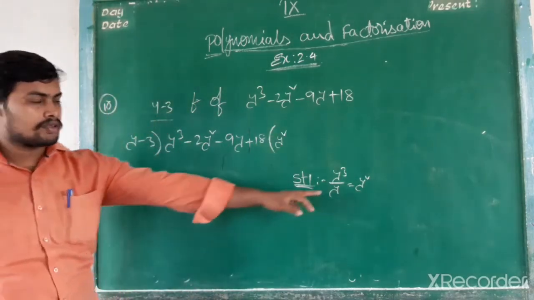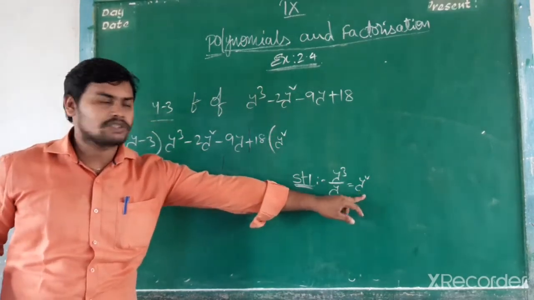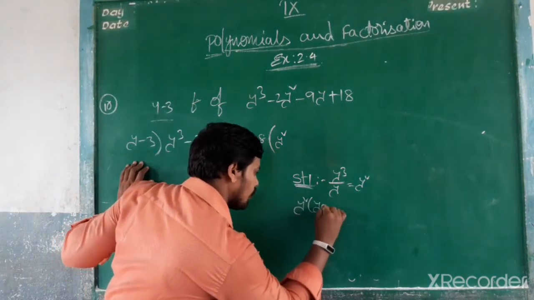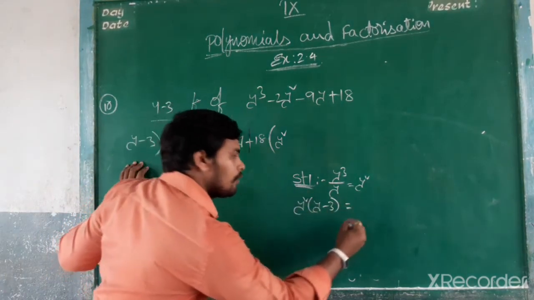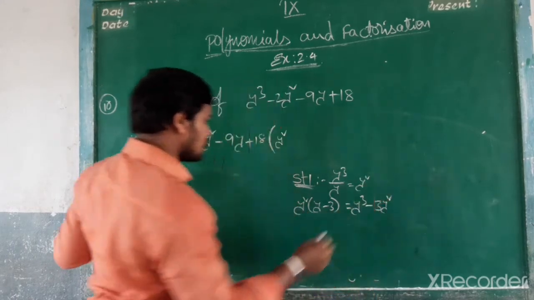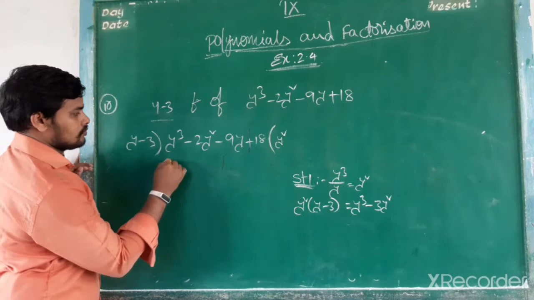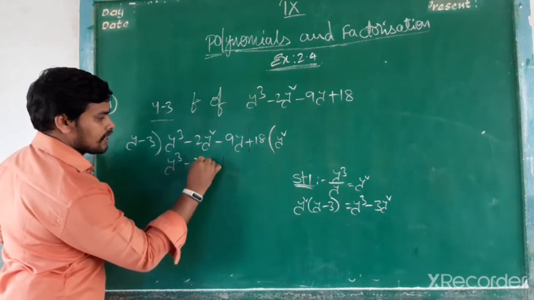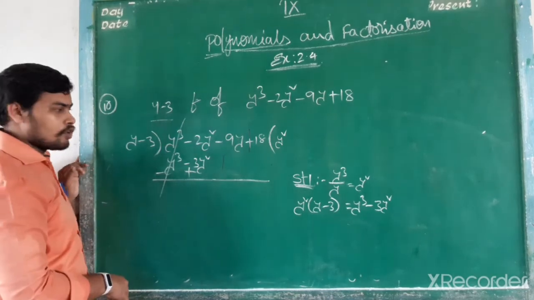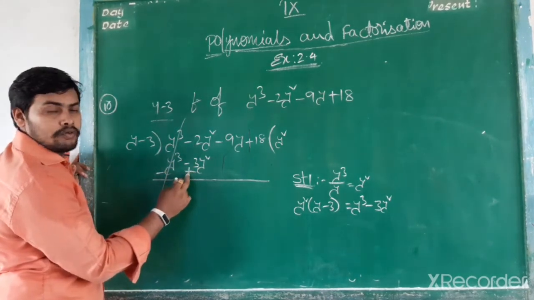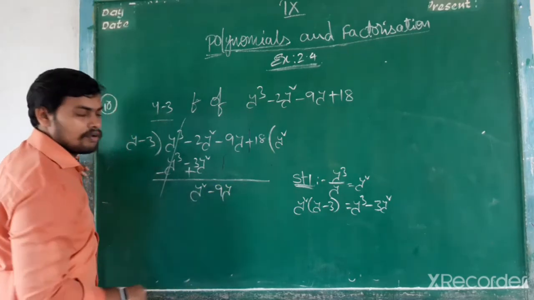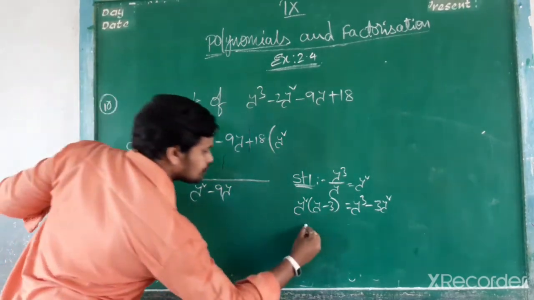Now multiply y square with y minus 3. y square into y, y cube. y square into 3, 3y square. y cube minus 3y square, minus plus, y cube minus y cube cancel, minus 2y square plus 3y square, y square minus 9y.